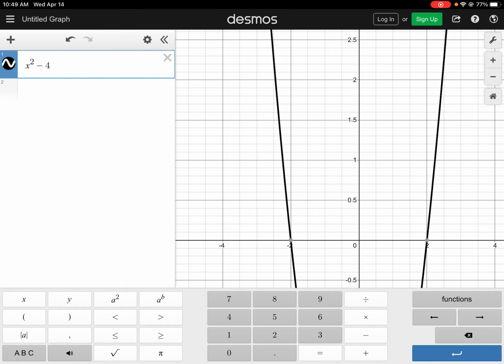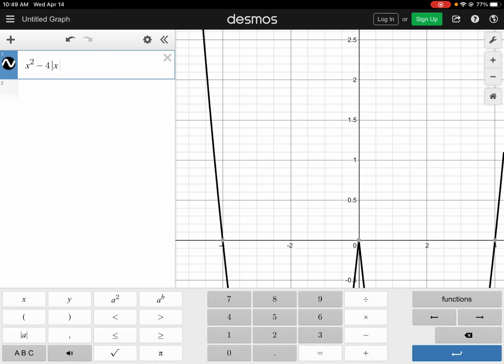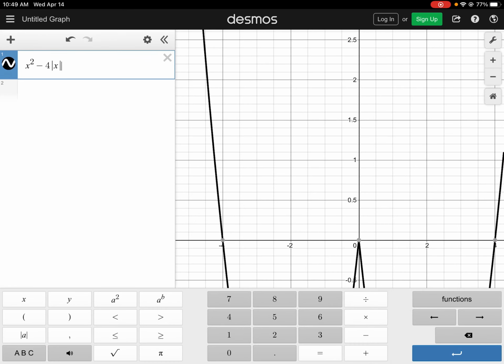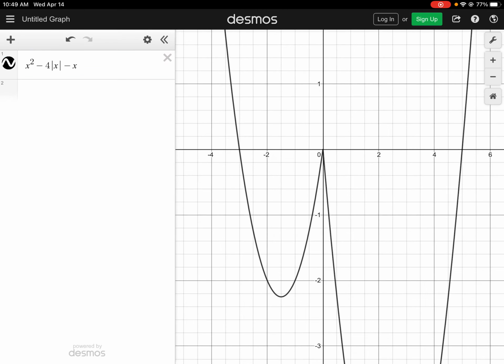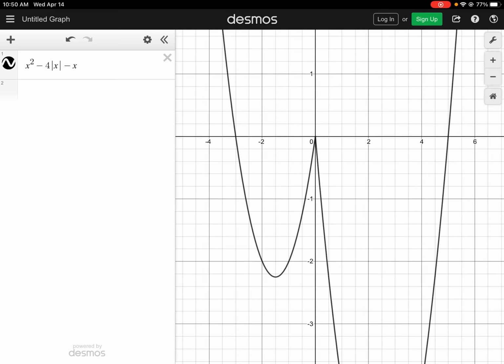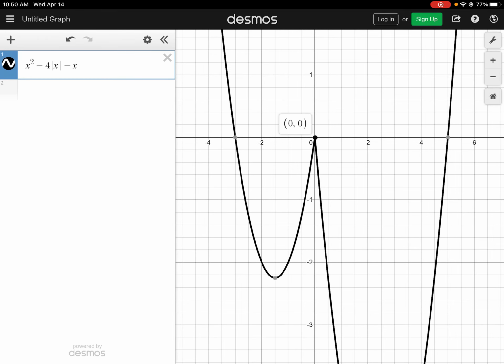We're doing this from -4 to 4. So notice here that we have this point right there at 0, 0, where it's not differentiable because we have a corner or a cusp.